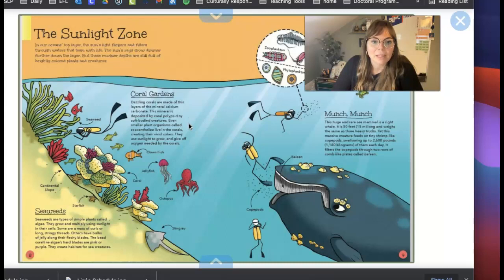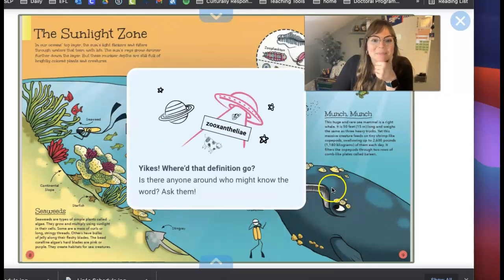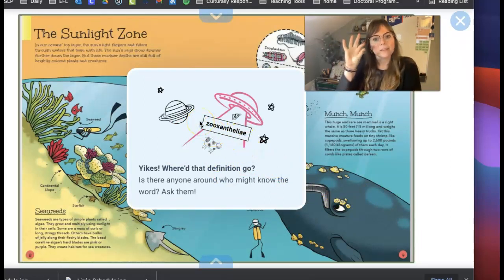Even smaller plant organisms called, I don't know this word. Let's see if Epic does. Oh, looks like they don't know it either. Let's see if we can tap it out. Zooxanthellae?